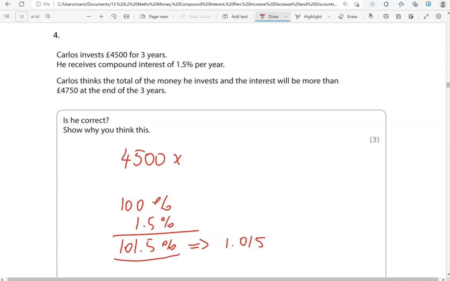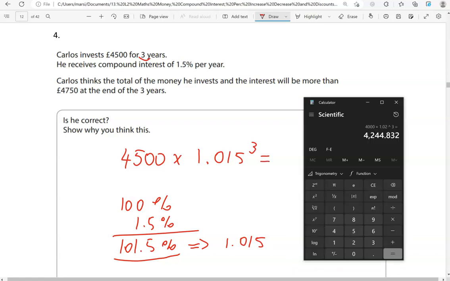You could just divide the percentage by 100 if you like. So I'm going to put the decimal here, 1.015 to the power of 3, because it's over 3 years.